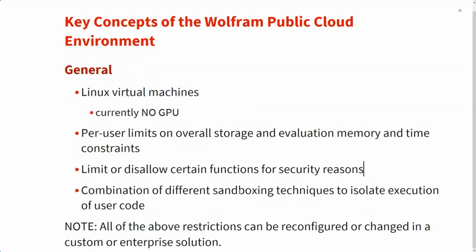And again, this is something that we are improving and it is definitely on our roadmap to provide custom kernel environments where you can relax some of these restrictions. And you can change all of those restrictions or set up your own GPU or different things in that sense, either in a custom or enterprise solution, whether that's you hosting it or coordinating with us to set up something for you.